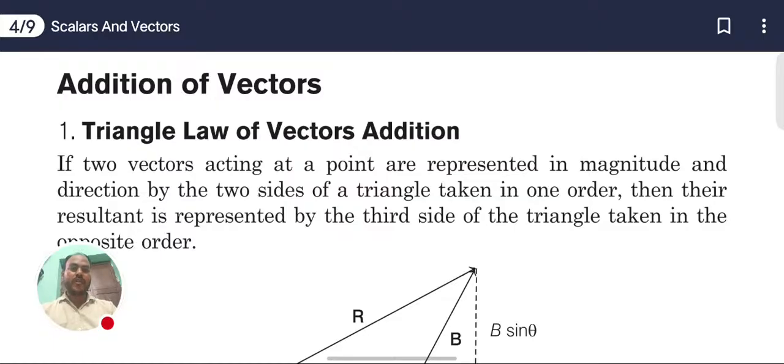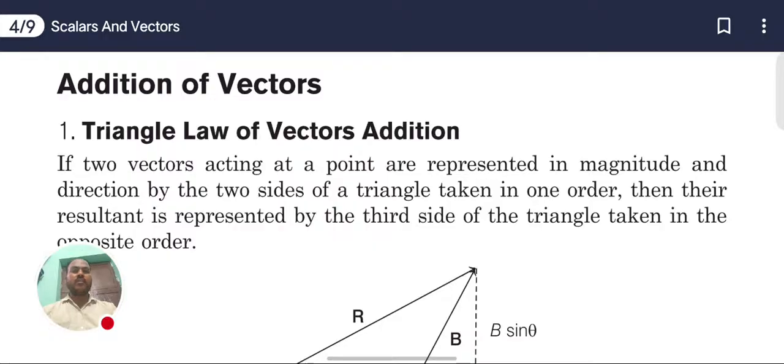Addition of vector has many topics: first the triangle law of vector addition, then the parallelogram law, and then the polygon law. Then rotation of vector, resolution of vector, direction cosine of vector. The last topic today is subtraction of vector.